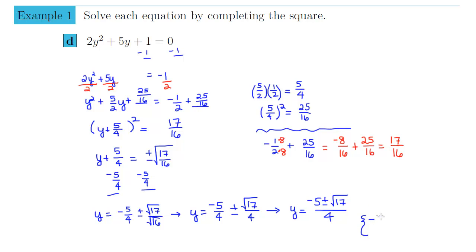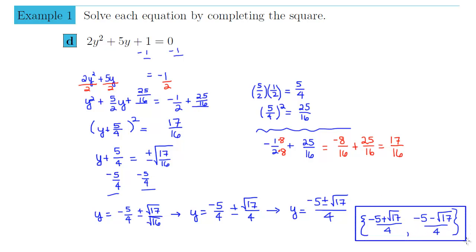That is, the answers to our quadratic equation are negative 5 plus the square root of 17 all over 4 and negative 5 minus the square root of 17 all over 4. Both of these answers, when substituted back into our original equation, solve and make it true.